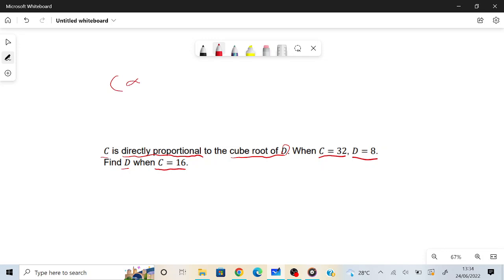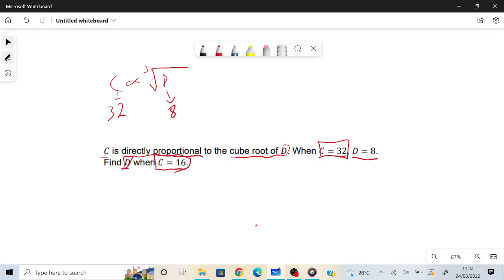Again, cube root would have a 3 over here because it's not square root, it's cube root. Now it says when C is 32, D is meant to be 8. Find D when C is 16.